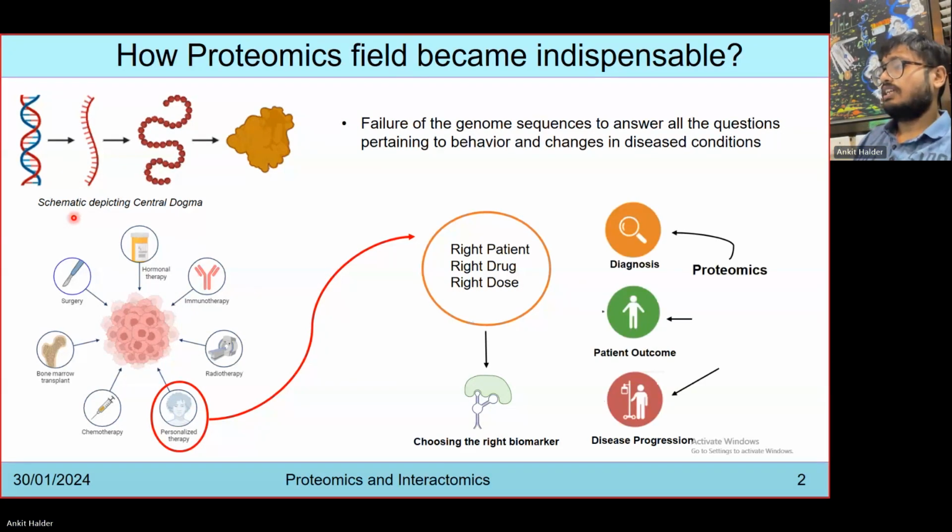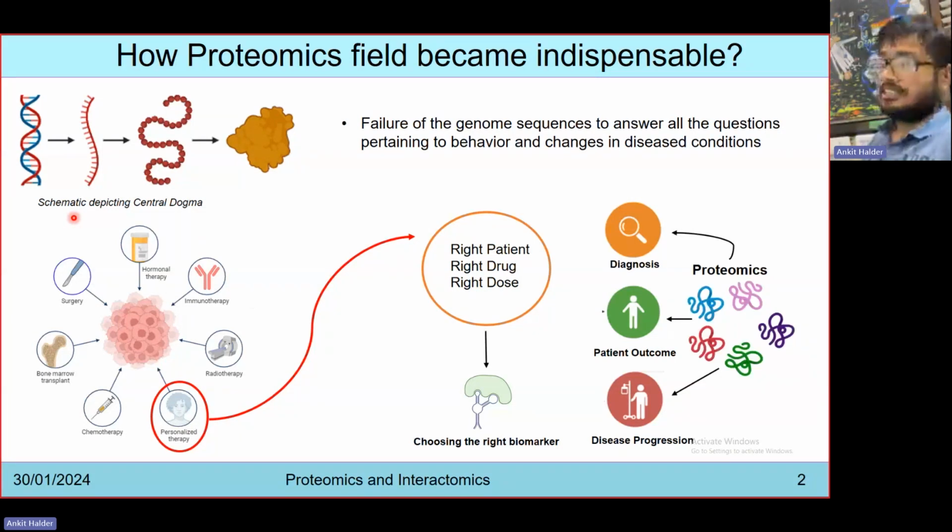That's why proteomics can play a huge role in personalized therapy, where, firstly, through protein biomarkers we can understand early diagnosis, whether the patient is going to have that disease or not.